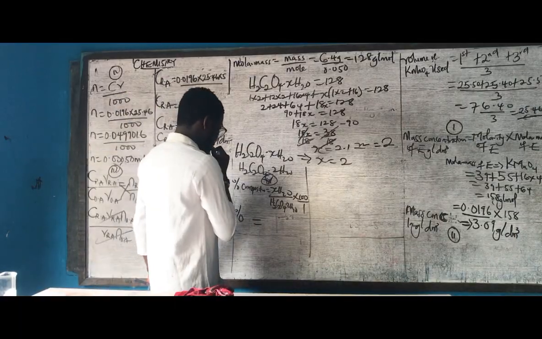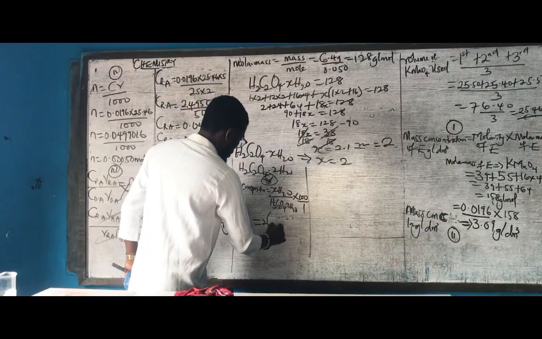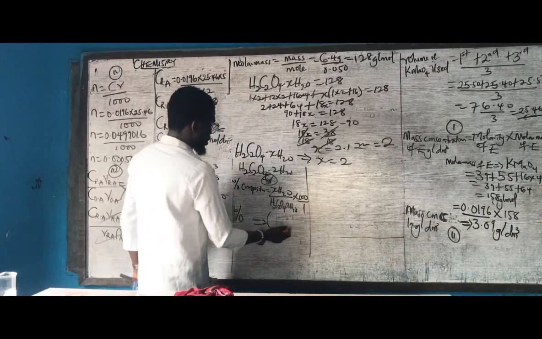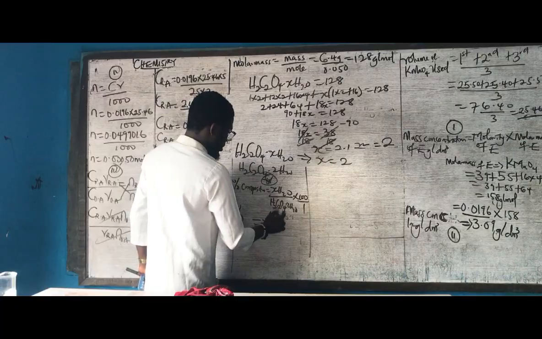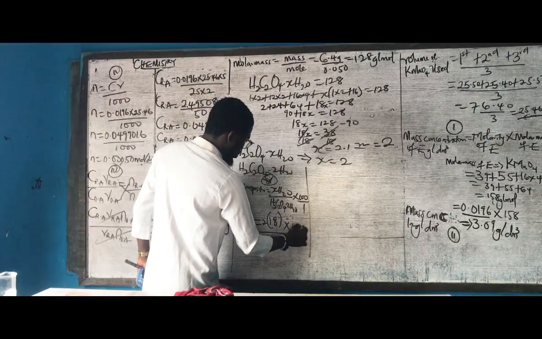Since our x is 2, 2H2O is 18 times 2, over 128, times 100.